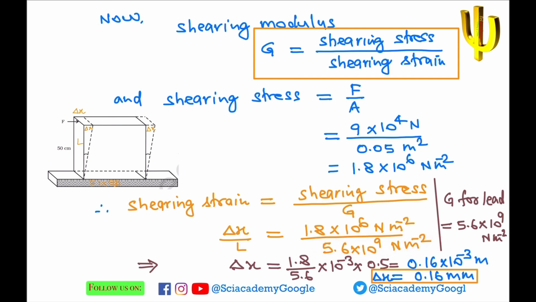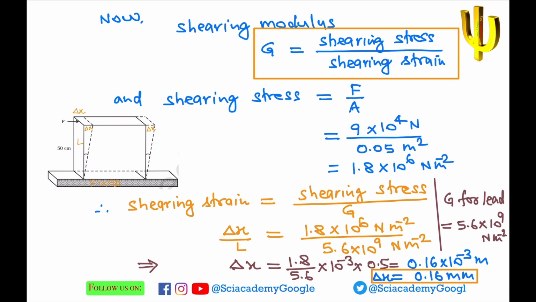Therefore, we get the shearing strain, that is the ratio of displacement by the length of the lead slab. Therefore, displacement can be written as 1.8 divided by 5.6 into 10 to the minus 3 into 0.5. So after simplification, we get delta x equal to 0.16 millimeter.